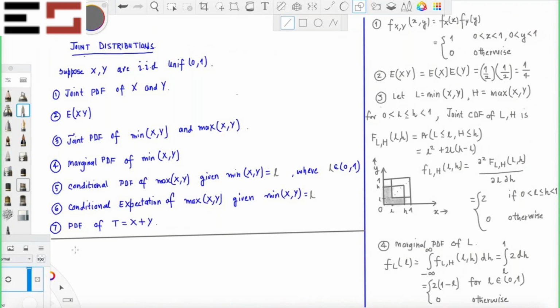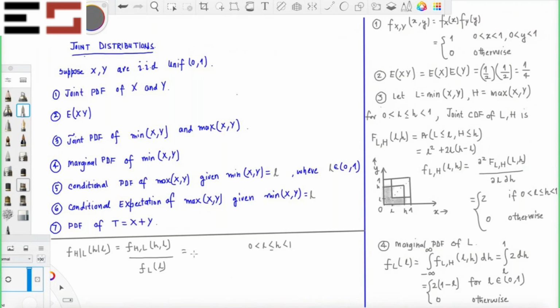So I want f of H given L, right? Notice that this is nothing but the joint divided by the marginal of L, and this is non-zero for these values of L and H.